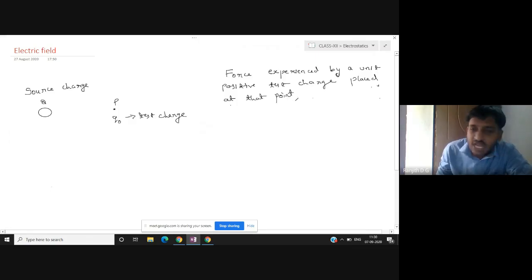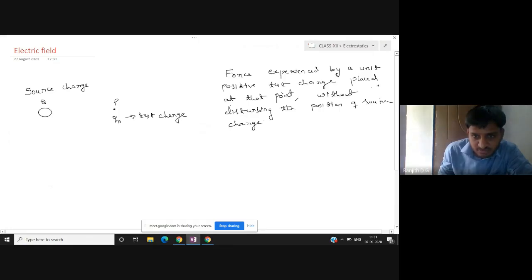One more very important thing: without disturbing the position of the source charge. That means the unit positive test charge should not disturb the position of the source charge. If you disturb the position of the source charge, what you are defining will be in a problematic situation.